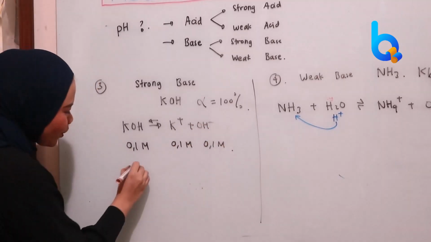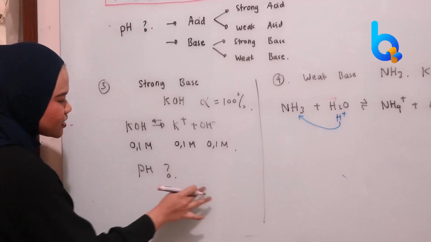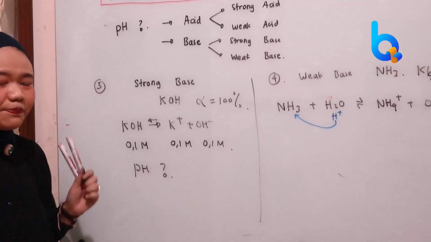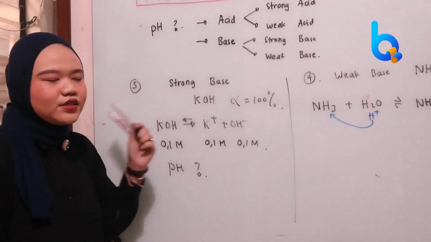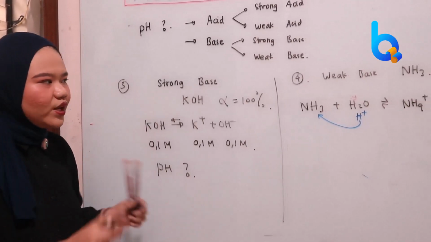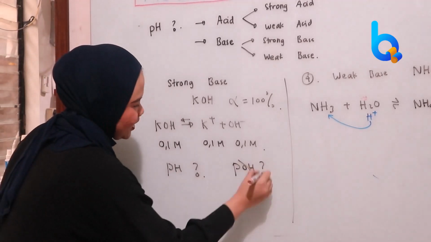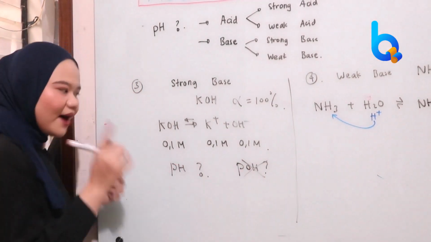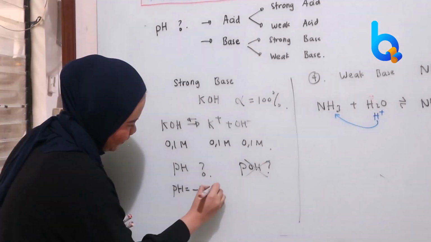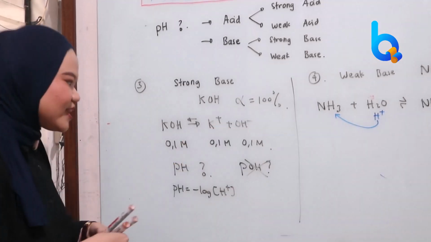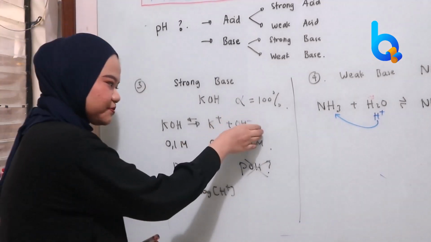And you can calculate, okay, you want to calculate pH, because it's not convenient to calculate pOH in the industry, in the question, because we don't need this format. We just need pH, but we don't have H plus, right? So the idea is how to convert OH minus to H plus.